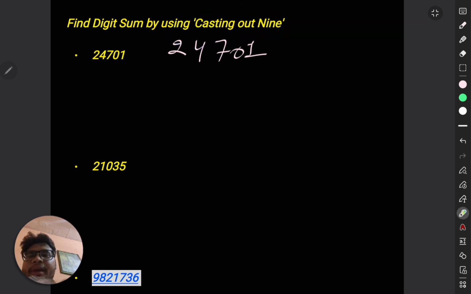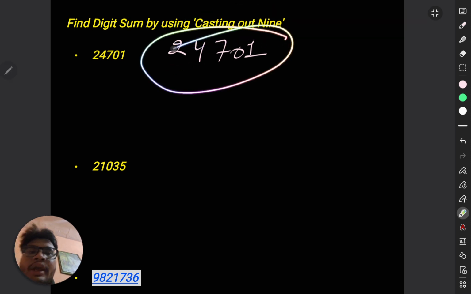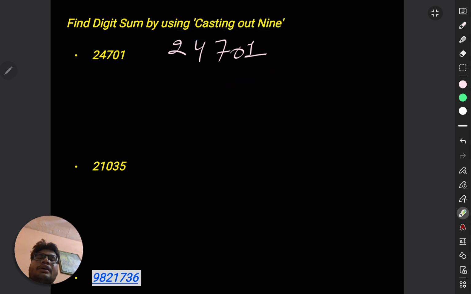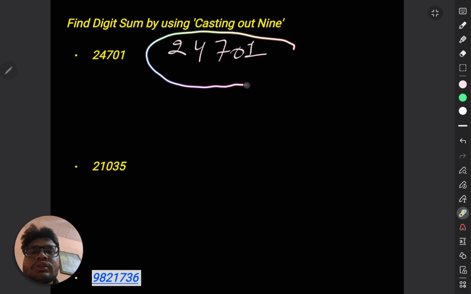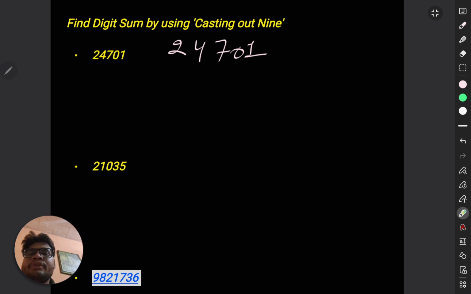In this method, here there is no 9. In the previous lecture, we ignored 9 if it appeared in the digits of the number, but here there are no 9s. So what will we do?